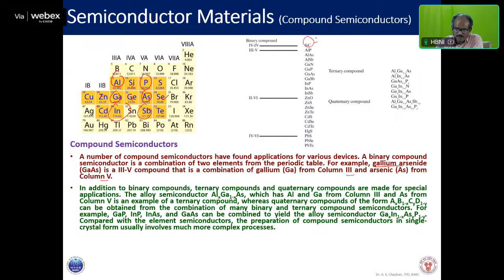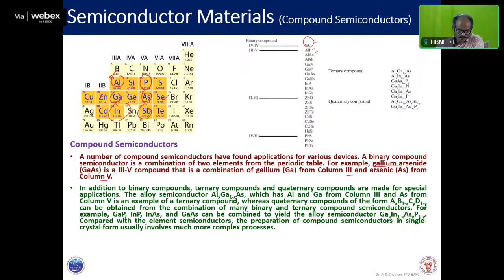That is also a binary compound which is used in the semiconductor industry a lot. Then other binary compounds, aluminum phosphide, similarly aluminum arsenide. One from this side, another from this side. So this kind of semiconductor is a binary compound semiconductor.